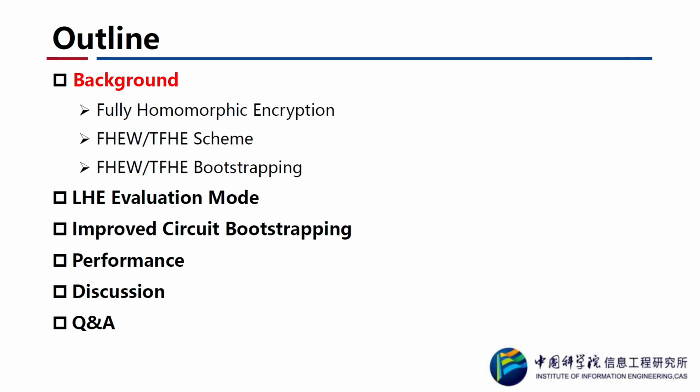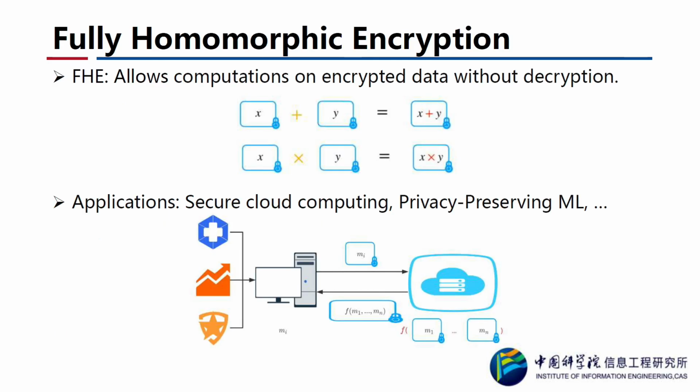Let's start with a little bit of background. First, fully homomorphic encryption allows computations on encrypted data without decryption. This property is suitable for applications such as secure cloud computing and privacy-preserving machine learning and so on. There is a typical client-server model of FHE delegated computing.